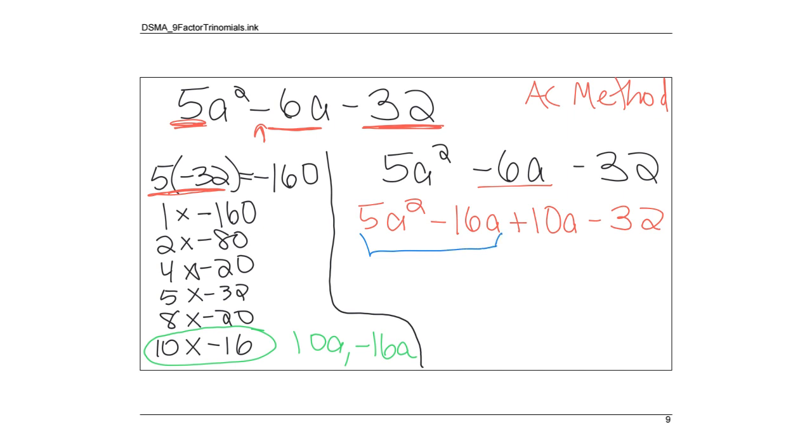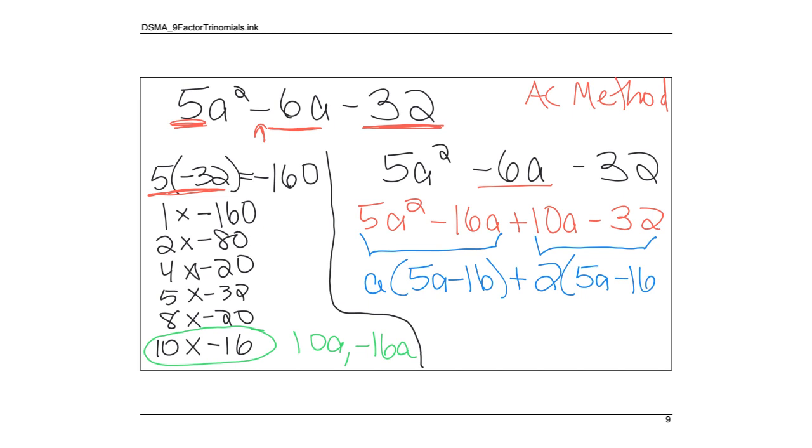So if I look at 5 and 16, nothing in common. Looks like I can only pull an a out of there. Then I'm going to come over here and look at these two. I have 10a and negative 32. Well, 10 is positive, so I'm going to leave it positive. Looks like I can only pull a 2 out of both of those.